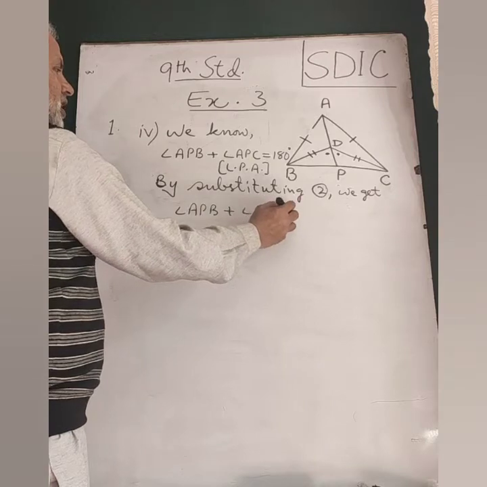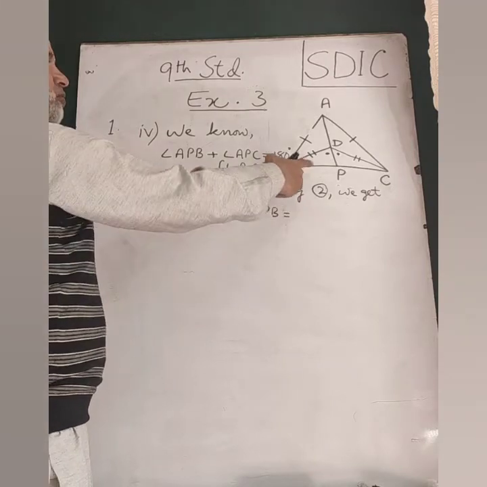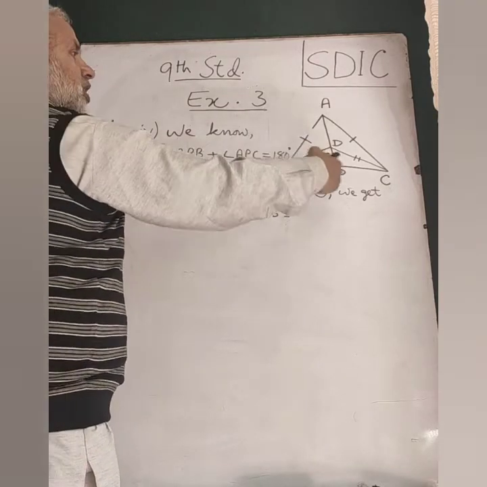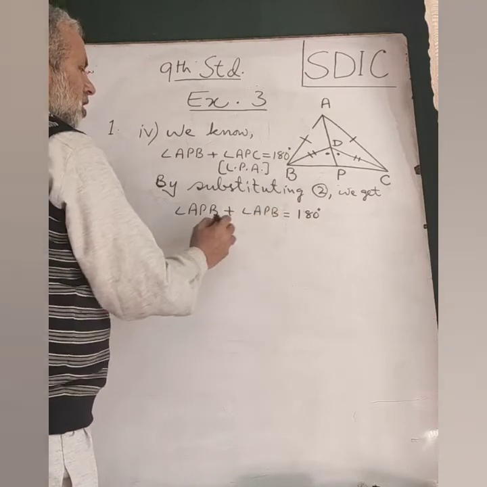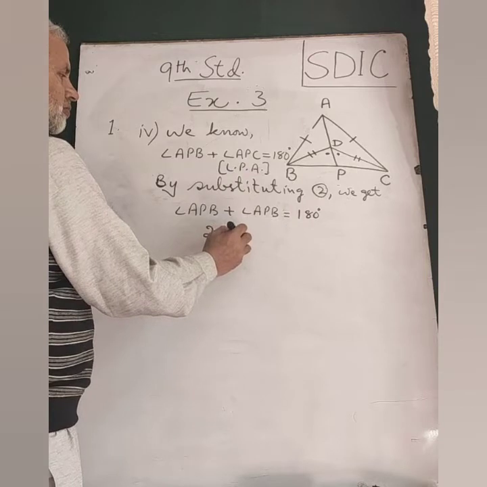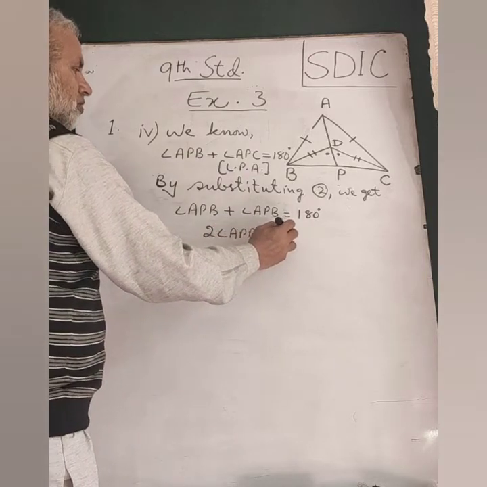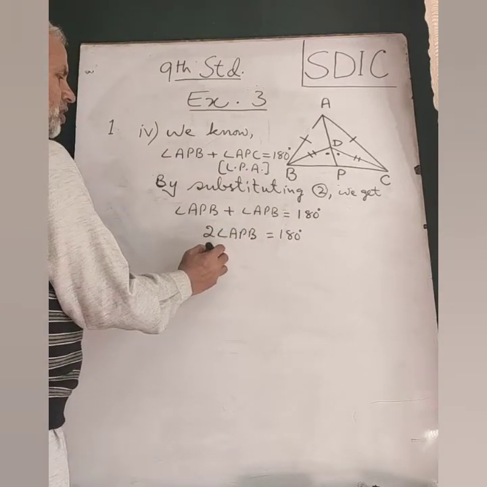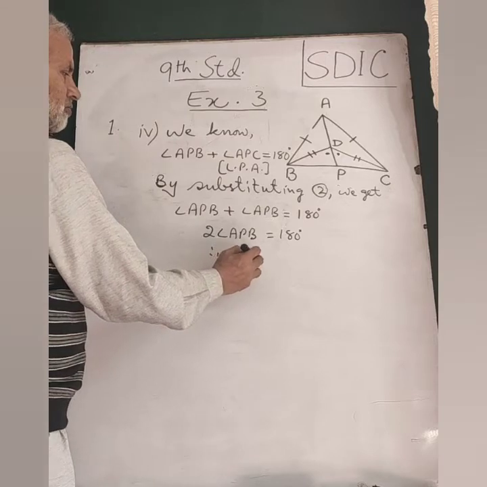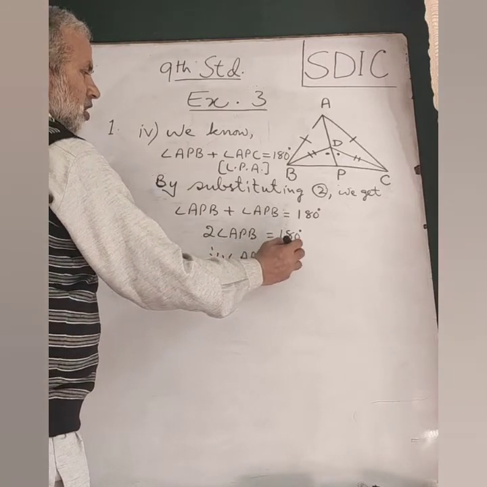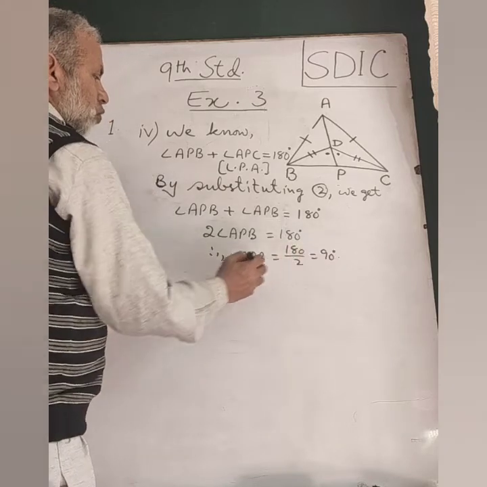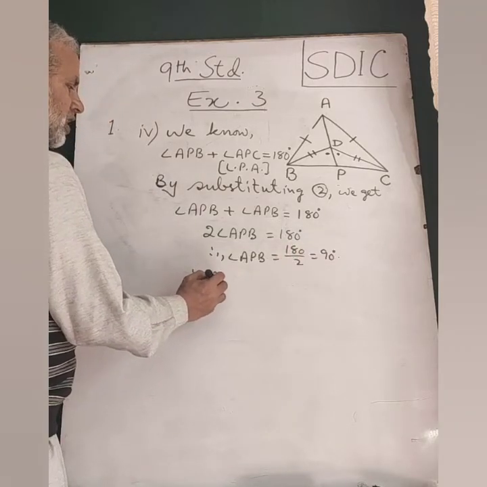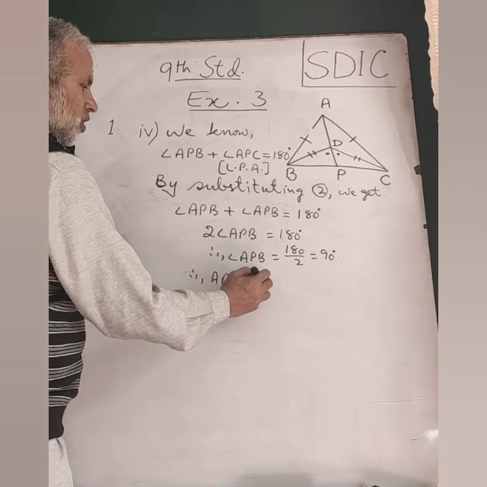I have replaced angle APC also by angle APB because we have proved them equal. We have proved it is equal to 180. Twice angle APB is equal to 180. Transposing, therefore angle APB is equal to 180 by 2, 90 degrees. What does this mean, 90 degree angle? That AP is perpendicular to BC.